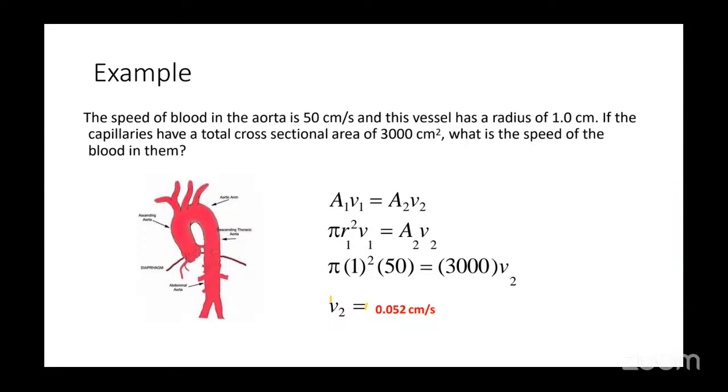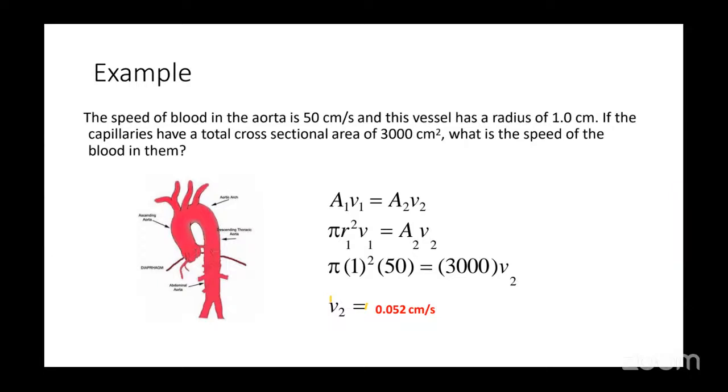If the capillaries have a total cross-sectional area of 3,000 cm squared, that is A2, what is the speed of the blood in them? That should be the V2. So we are asked to find V2. We are provided with V1, A2. We don't know A1, but we can calculate A1.